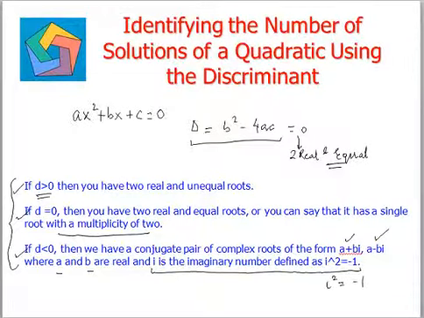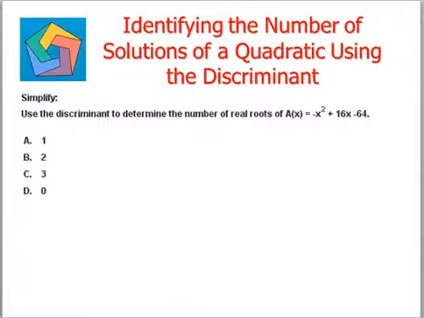Let's start off. The first question says, use the discriminant to determine the number of real roots. We are given the quadratic equation a(x) equals negative x squared plus 16x minus 64.